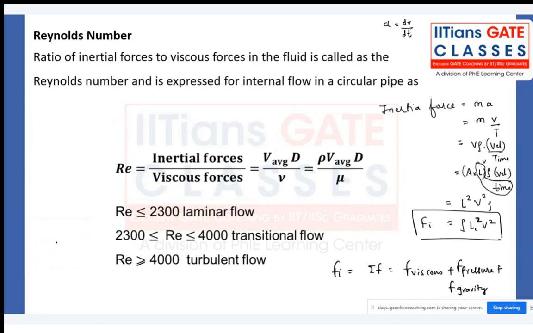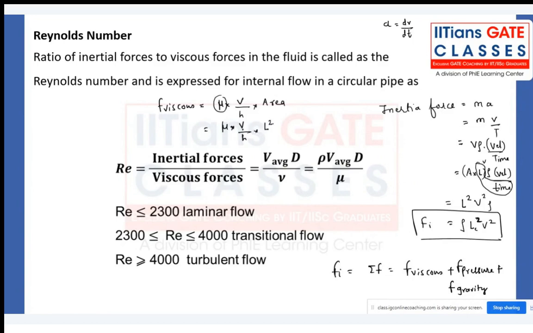And what about the viscous force? Viscous force, we know, is mu into V by H into area. Again, viscosity is mu, and area once again can be written as L square.